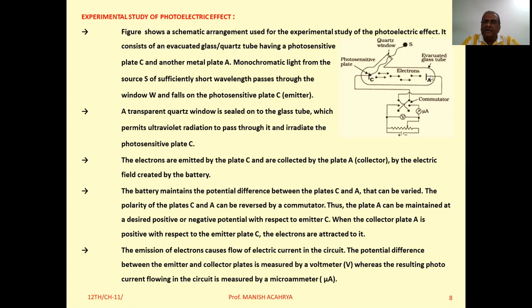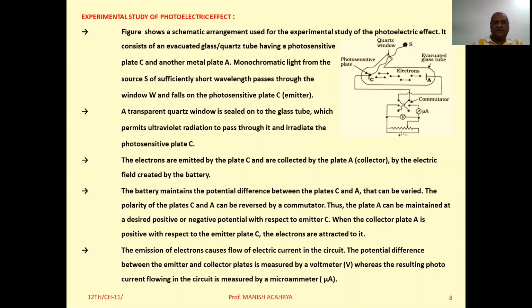Initially, A is kept at positive potential. It implies that A is connected with the positive terminal of the battery. And then after, with the help of this commutator, we can change the potential. We can connect the collector plate A with the negative terminal of the battery.